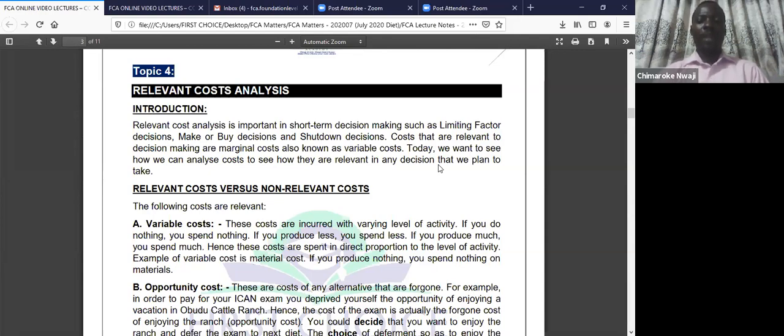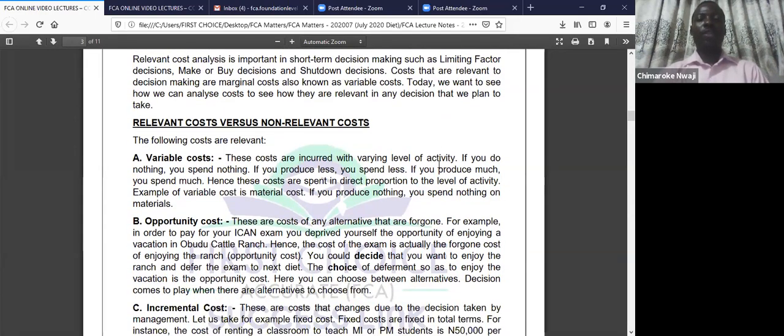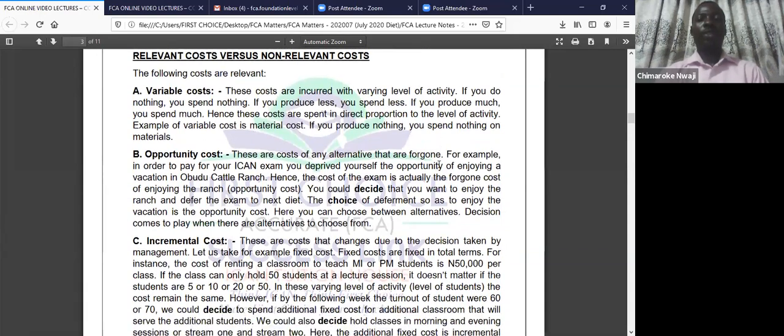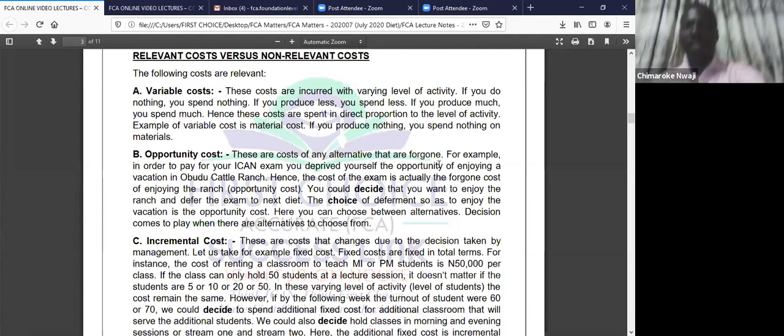So let's just look at relevant costs versus non-relevant costs. This distinction is very important in understanding this topic, because if you don't know what a relevant cost is, then you cannot apply that cost in marginal costing or in making decisions.